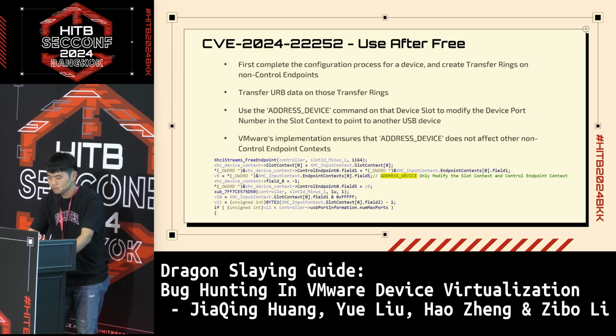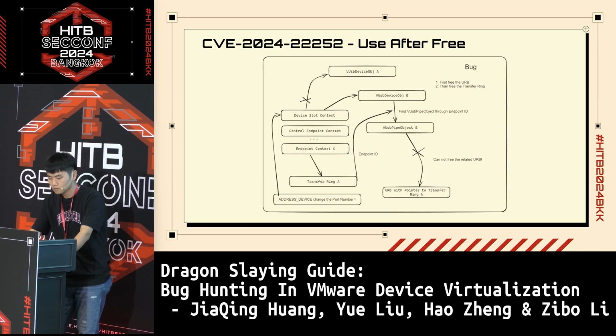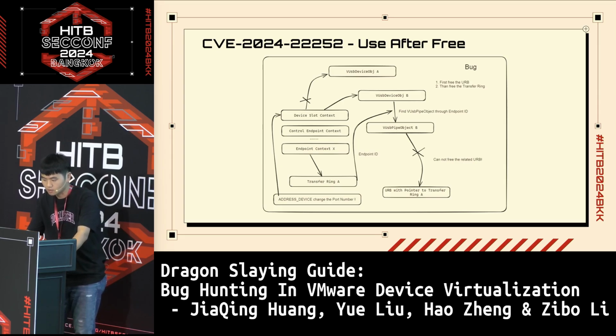We do have an address device command that can make this possible. You can see the address device command only modifies the slot context and control endpoint context. So first we finish the device configuration process and create a transfer ring on a non-control endpoint.